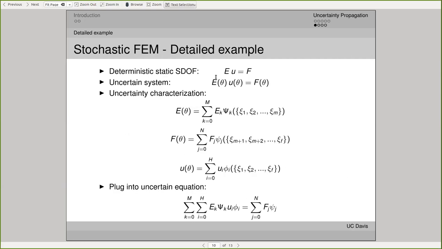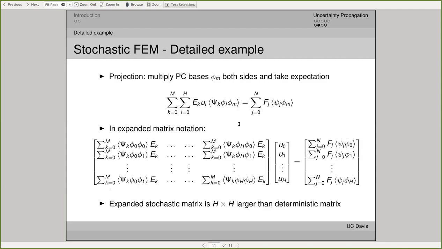The original single deterministic equation, once we consider the uncertainties, becomes an h by h larger expanded matrix system. This h is the number of polynomial chaos terms in your uncertain displacement. Essentially, the single degree of freedom that we solve in the deterministic problem now becomes h terms in the probabilistic space, and the whole system becomes h times h larger.